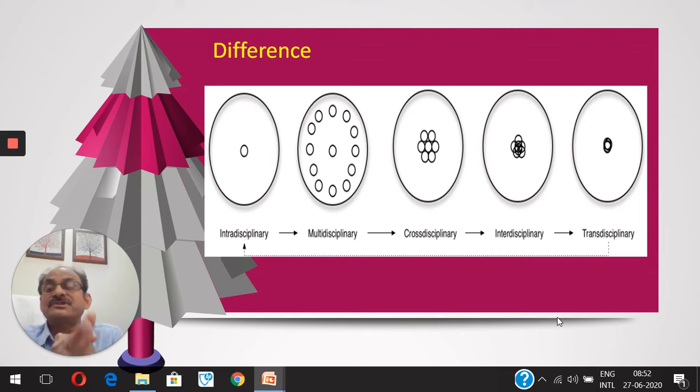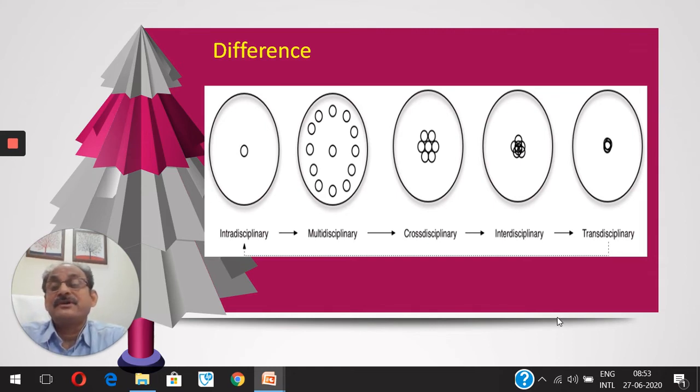If you jump to the second circle, there are a number of subjects, and people from different disciplines doing the work, that is called multidisciplinary. People from a single discipline is intradisciplinary, people from multiple disciplines is a multidisciplinary approach.